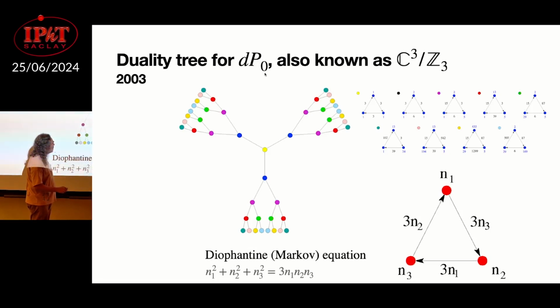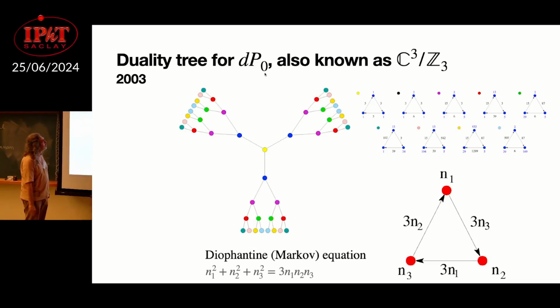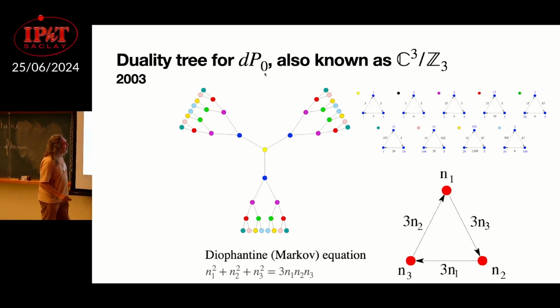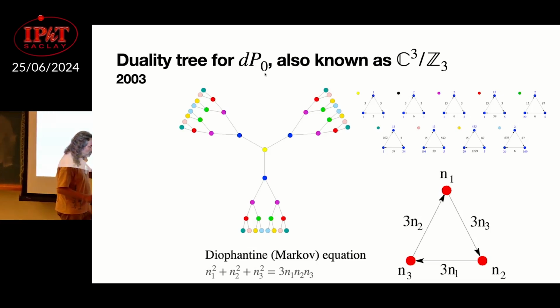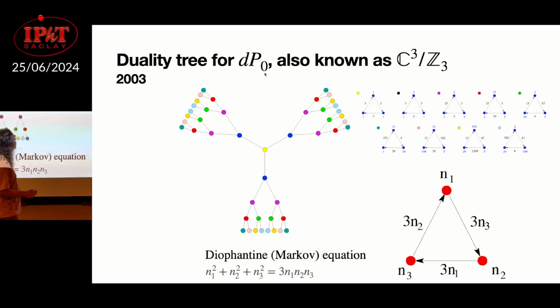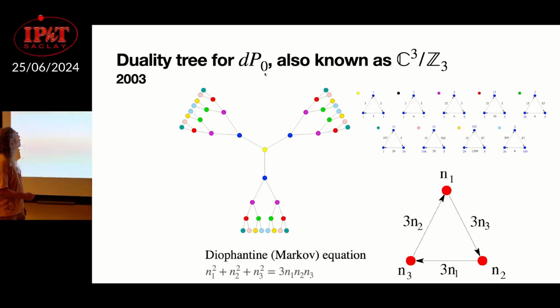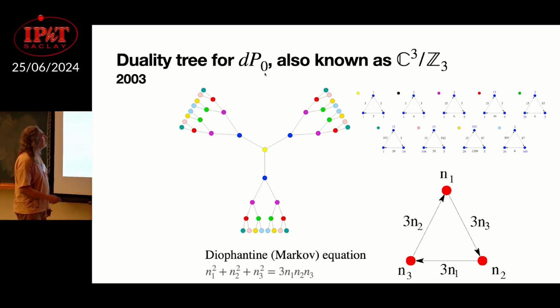That's the general pattern, for the case n1 = n2 = n3 = 1. And that's the type of quiver that you see over here. The next thing you could do is to apply a mutation, a duality, on each of these nodes, and repeat. You'll get a pattern, and the pattern looks like this nice tree.